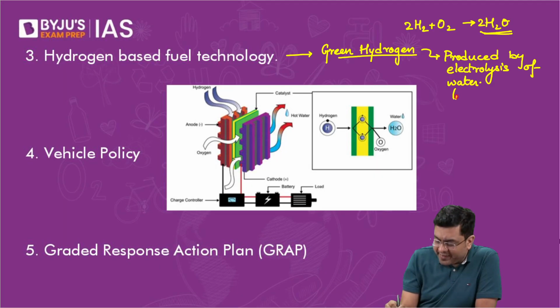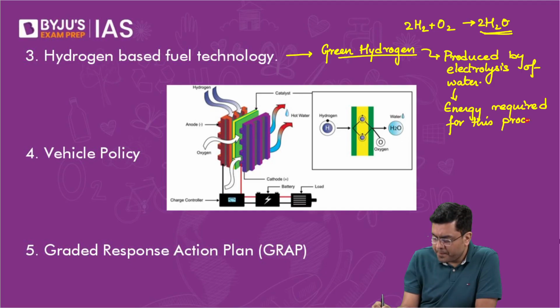But what makes it green hydrogen, or why it is referred to as green, is basically because of the fact that the energy required for this electrolysis, for this process, is supplied from renewables. Okay?